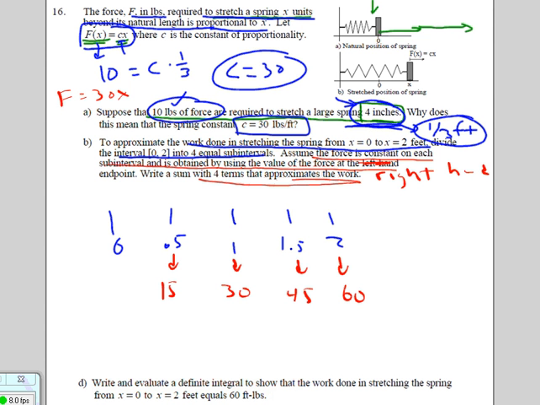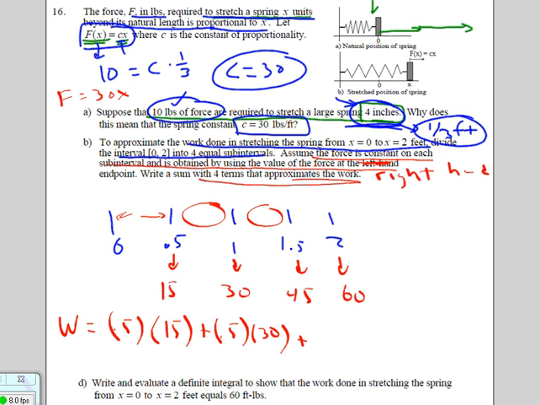So the idea being that we're incrementing by 0.5, each of these increments is 0.5. So the amount of work done in that first increment would be 0.5, my distance, times 15, the force, plus over this distance of 0.5, my force is 30.